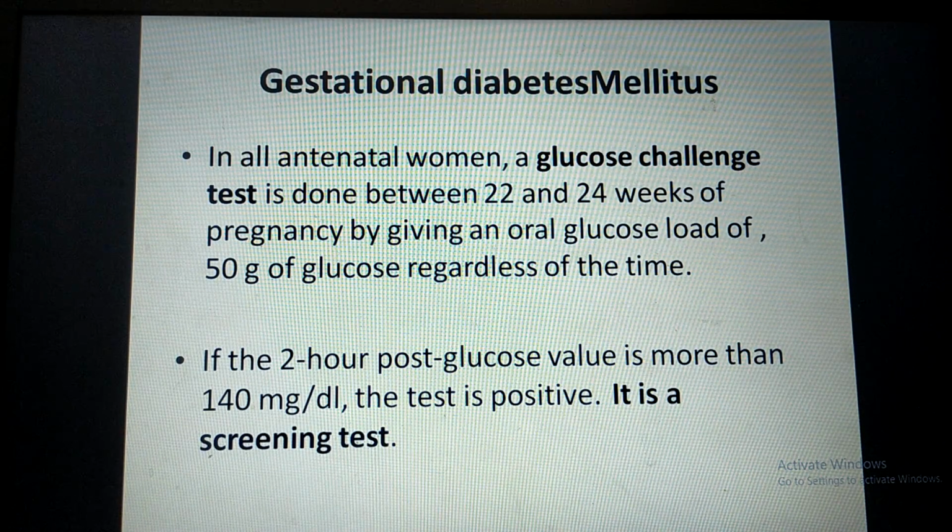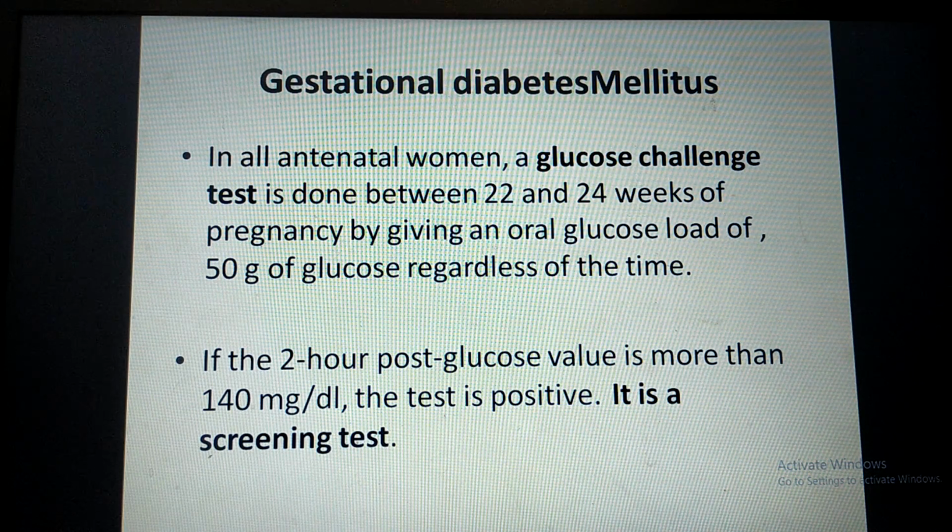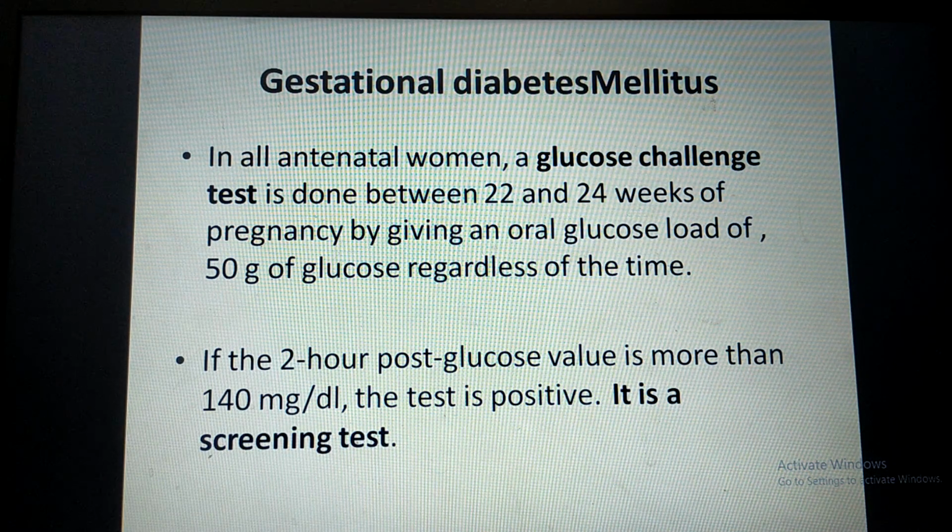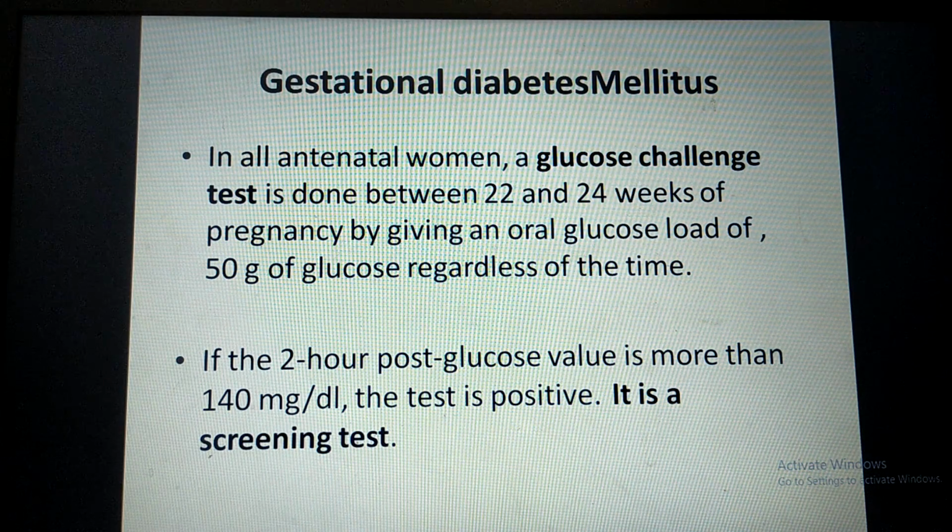In general, all antenatal women are given a glucose challenge test. This is a screening test, and this test is done between 22 to 24 weeks of pregnancy, where 50 gram of glucose is given to a patient orally as glucose load, and after 2 hours a blood sample is collected from that patient.